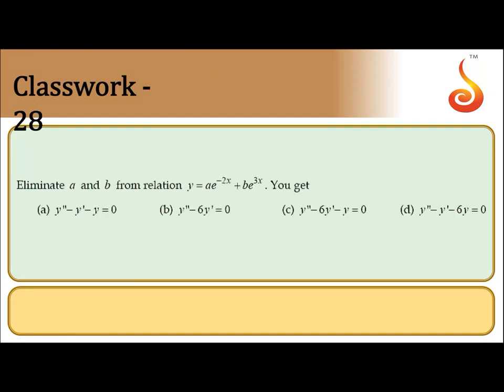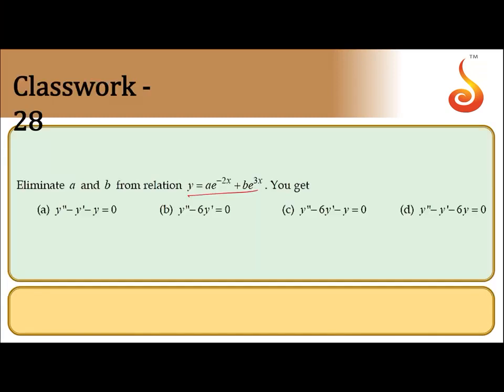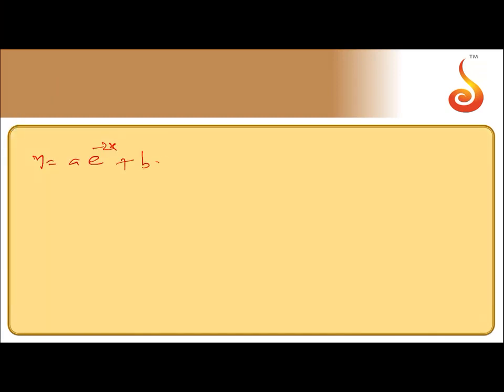Coming to the next one, eliminating a comma b from this one, we have to get an equation. Of course, it is so simple. If this is the solution, y is equal to a e power mx plus b e power nx, we can have the differential equation directly as there are two parameters.